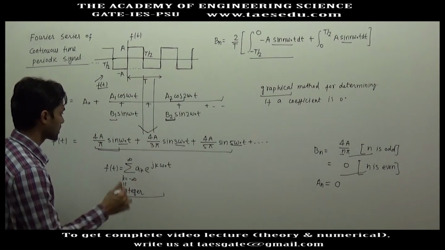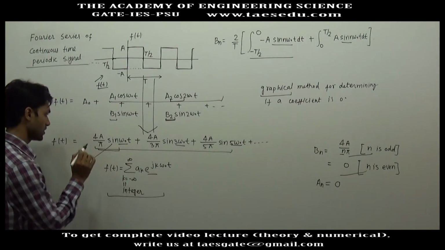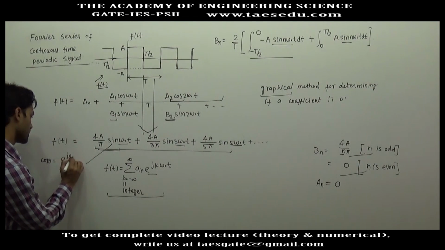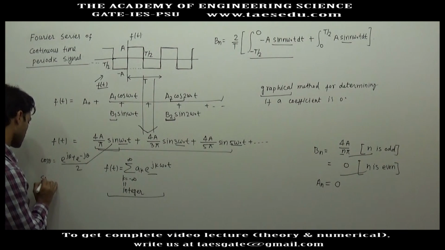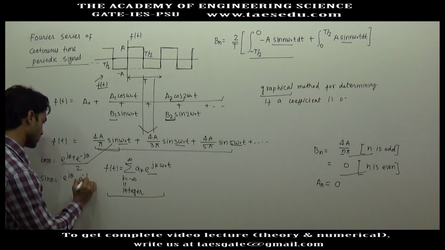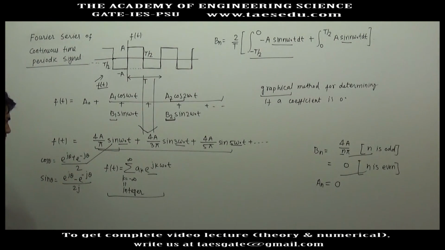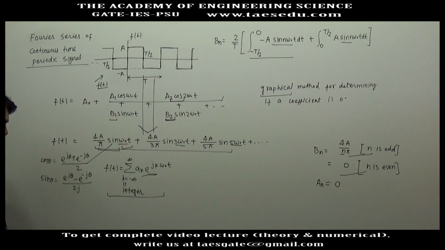You can convert this form into the e to power form very easily, because cos theta is nothing but e to power j theta plus e to power minus j theta divided by 2, and sin theta is e to power j theta minus e to power minus j theta divided by 2j. This is the exponential form of Fourier series, and the other is the sinusoidal form of Fourier series.